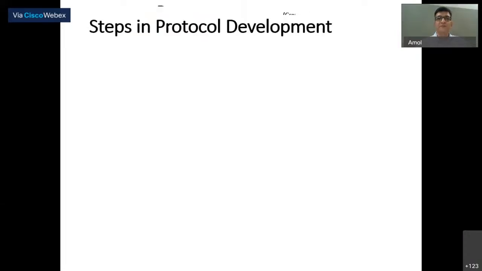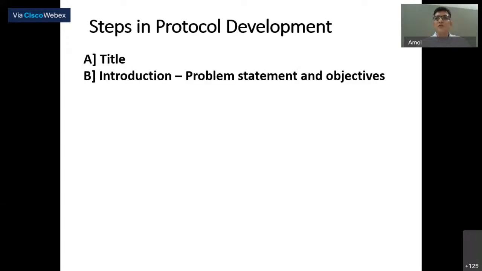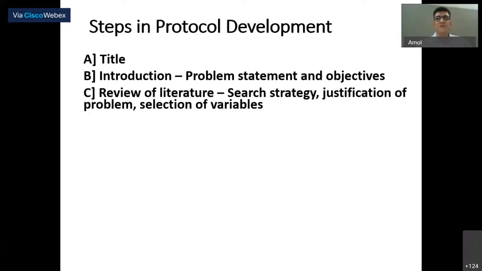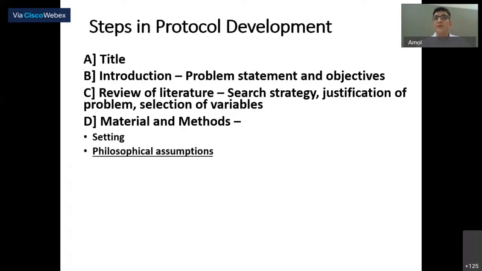When we start thinking about protocol development, we have to think about a title. What can be the title of my study? What am I going to write in the introduction? What kind of review is important? And then what are going to be your material and methods, such as what setting you write.